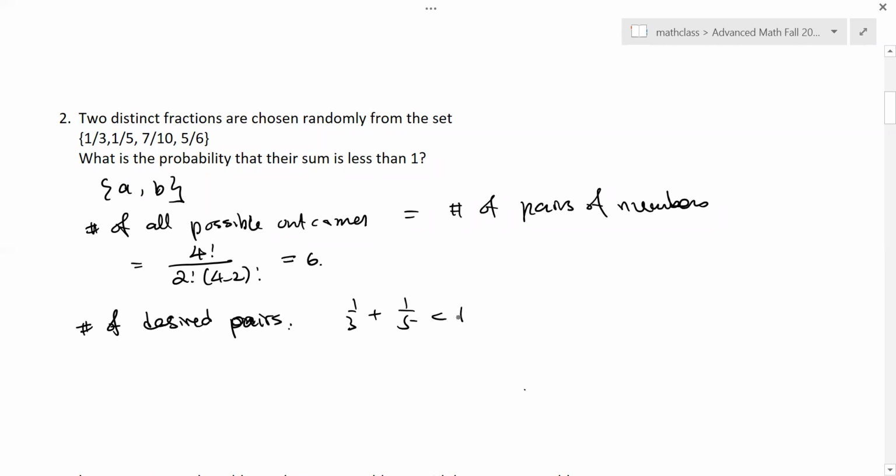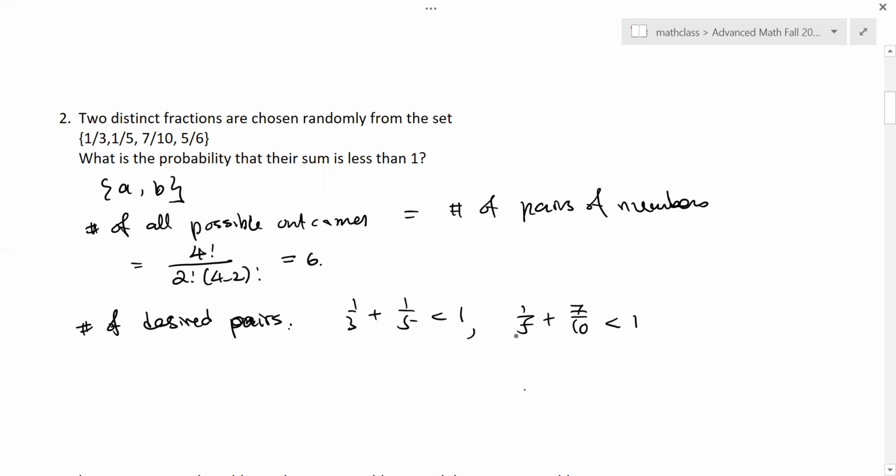Then 1/3 plus 7/10 is not. 1/3 plus 5/6, no. Then you look at 1/5. 1/5 plus 7/10, yes, this is less than 1.